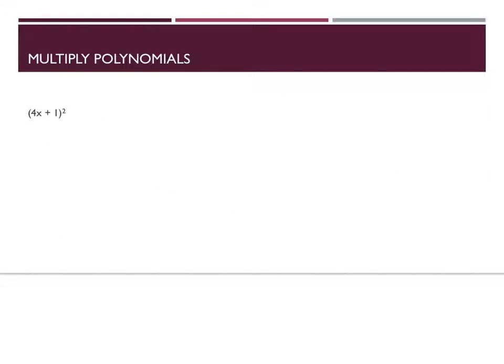Now what do I do if I have a polynomial with a square on it? Well, if I have a square on the outside of parentheses, not just on the x or on one term, that means I need one of these multiplied by another one of those. That means 4x plus 1 times another 4x plus 1.